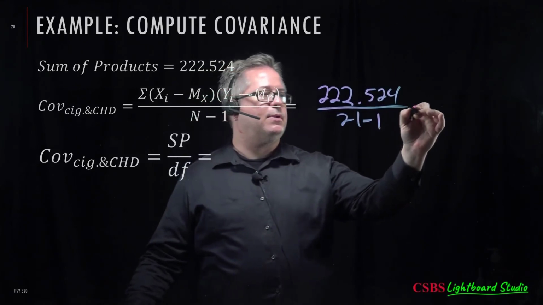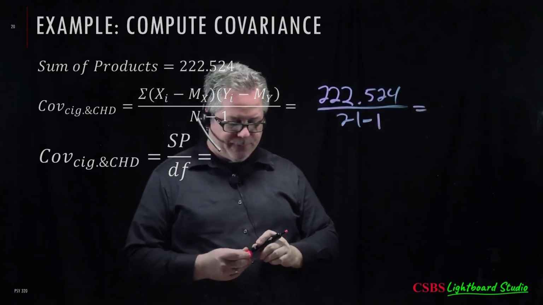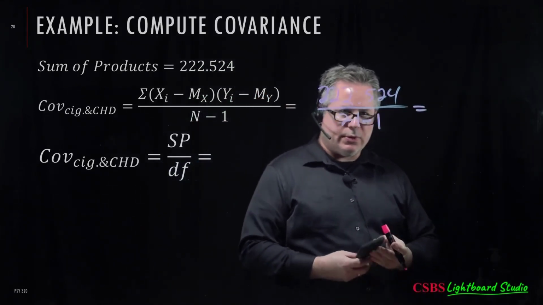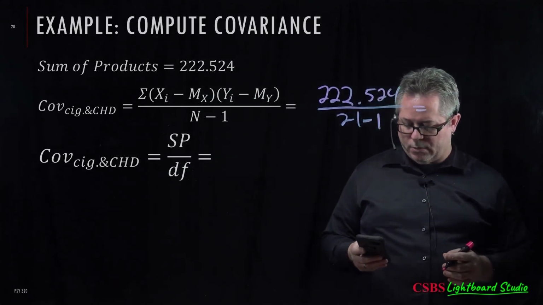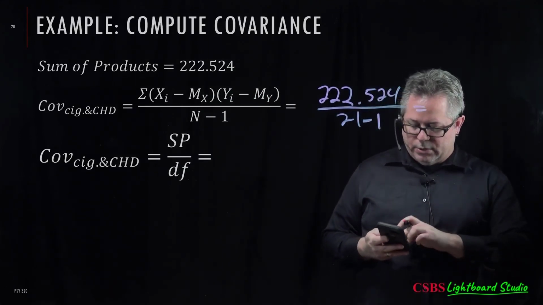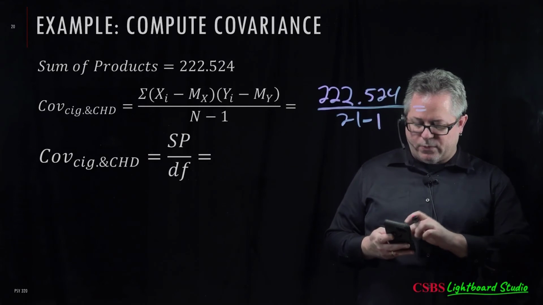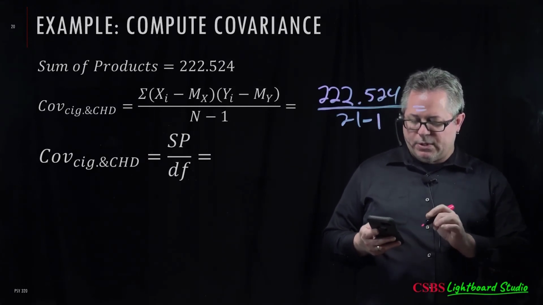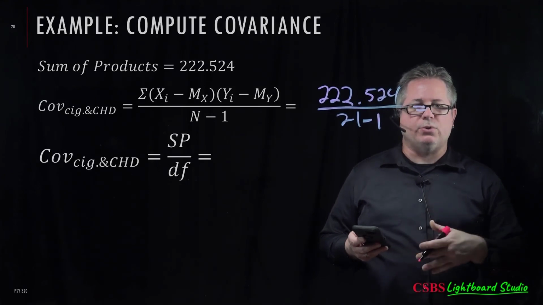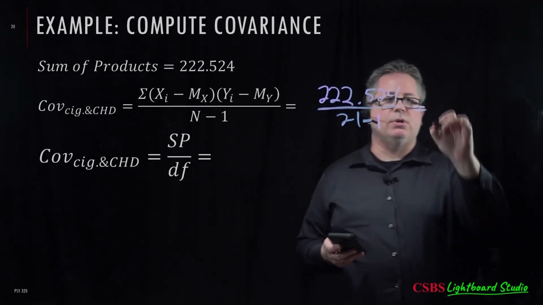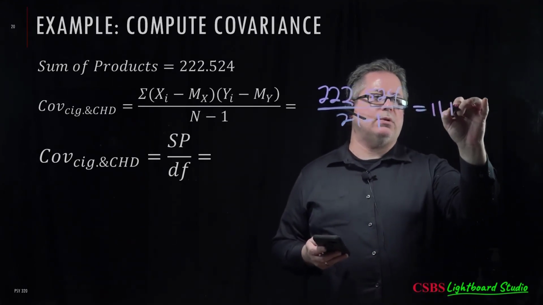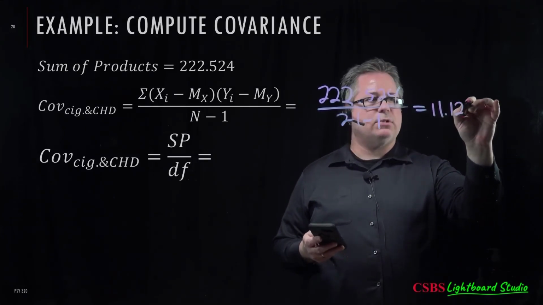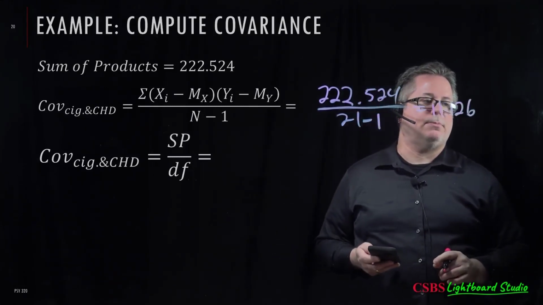So I'm dividing this by 20. 222.524 divided by 20 equals 11.1262, so 11.126.